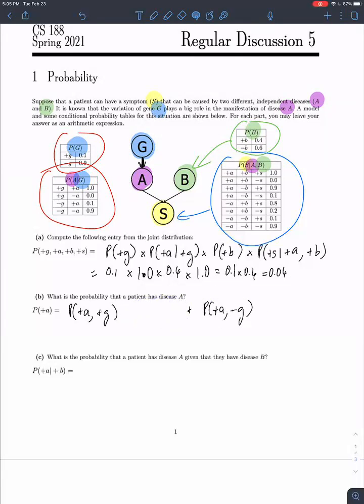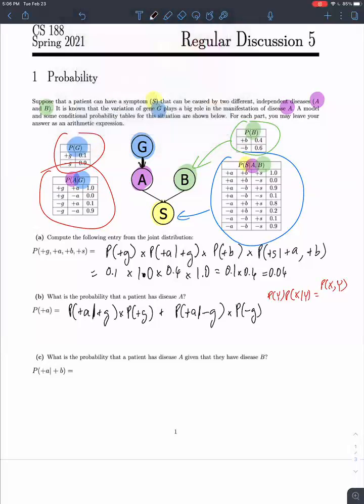Probability of positive A and positive G is equal to the conditional probability of positive A given that you're positive G times the probability that you are positive for G. Similarly, probability that you're positive for A and negative for G is equal to the probability of positive A given negative G times the probability that you're negative for G. That's just because of the definition of conditional probabilities: probability of X given Y is probability of X and Y divided by probability of Y. So you can just rearrange this, and that's basically what we used.